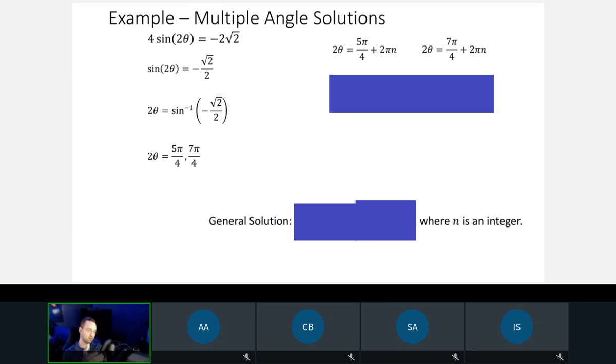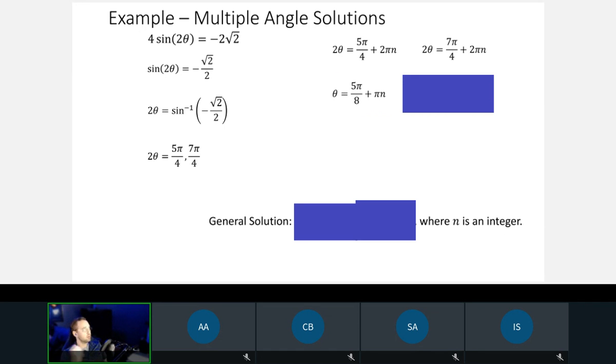Once they're set up, like we have here, we can now divide everything by 2. So I have 2 theta divided by 2, 5 pi over 4 divided by 2, and 2 pi n divided by 2. Or you can think of it as multiplying everything by a half. Same thing.